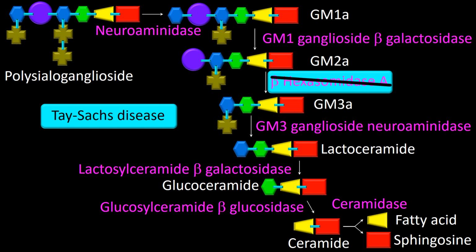Dysfunction, again, as we said for GM1, can be produced by an abnormality that is partial or total, or also it can be produced by dysfunction due to malfunctioning of GM2 activator or SAP-B.